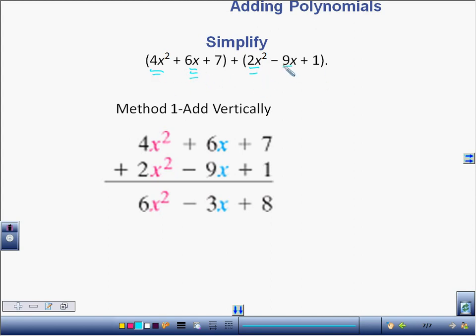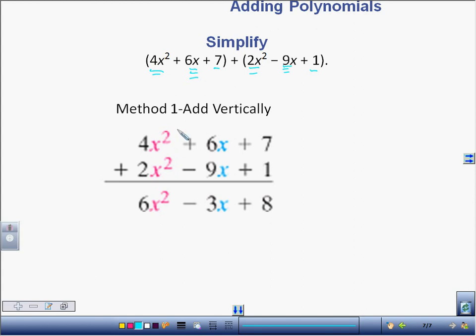The 6x and the minus 9x can go together. And the constant terms can go together. So you line them up: the x squareds with the x squareds, the x's with the x's, and then you just add straight down, and that's what you get. Any questions about how you do that? I'll let you write that down. That's a good example.